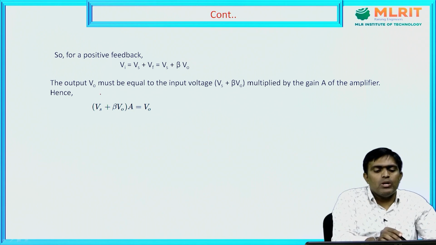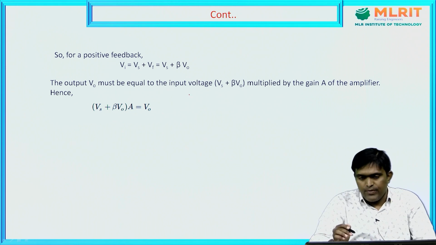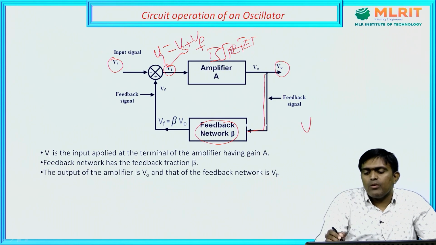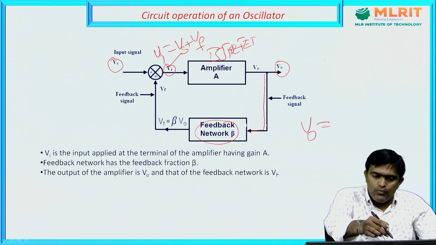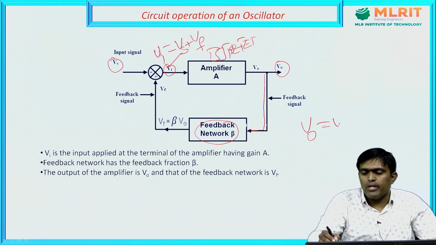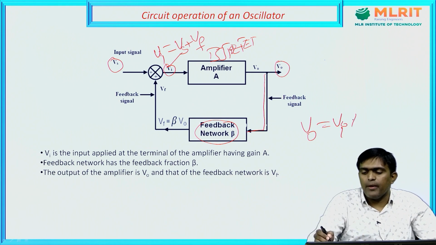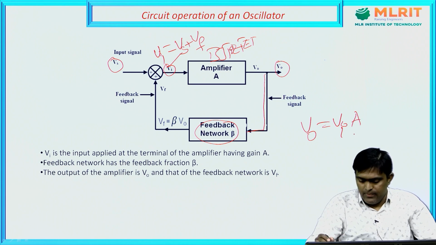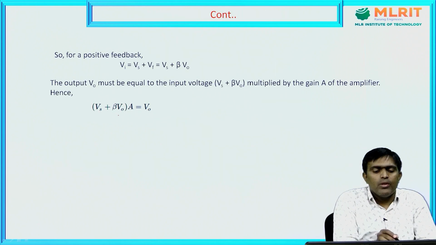And the output voltage V0 is the input voltage Vi multiplied by the gain of the amplifier A. So V0 equals Vi times A. And what is Vi from here?